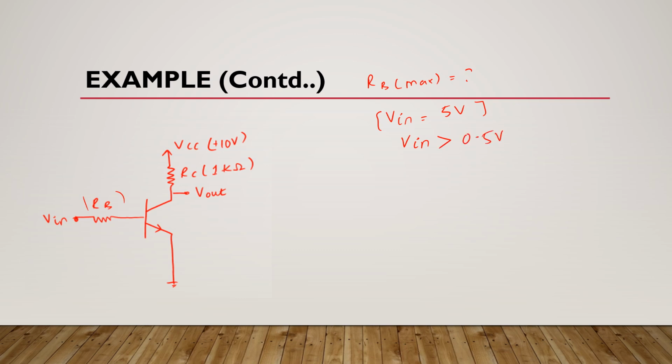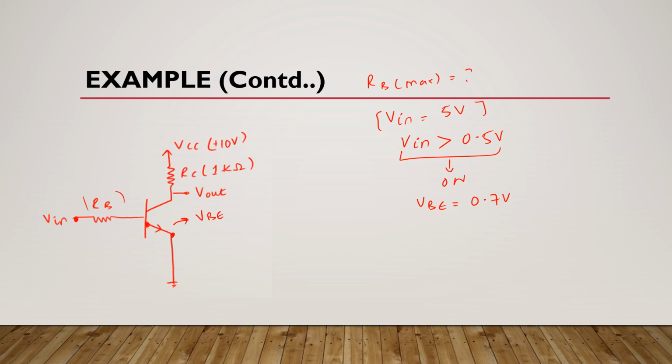It means the transistor is on, and this base emitter junction is forward biased, and we know that when this base emitter junction is forward biased, then it has a constant value of 0.7 volts.